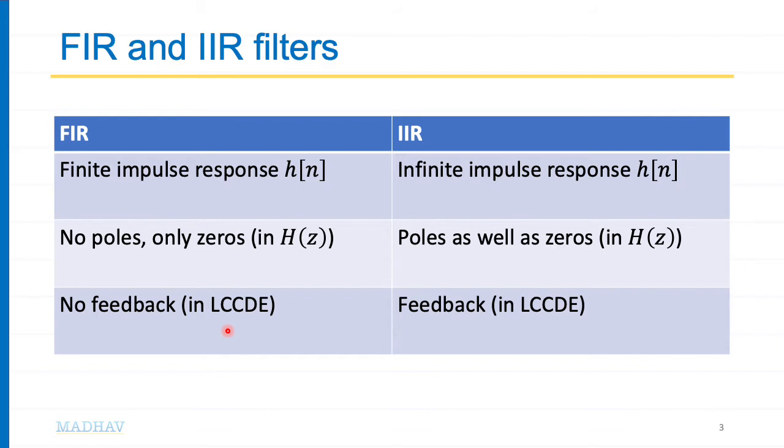It will be a function only of x of n, x of n minus 1, x of n minus 2, etc., but it won't be a function of y of n minus 1, y of n minus 2, etc. So there is no feedback in the LCCD equation. Whereas for an IIR filter, there is feedback. So basically, you can see the IIR filter is more general. It allows for poles, it allows for feedback, etc.